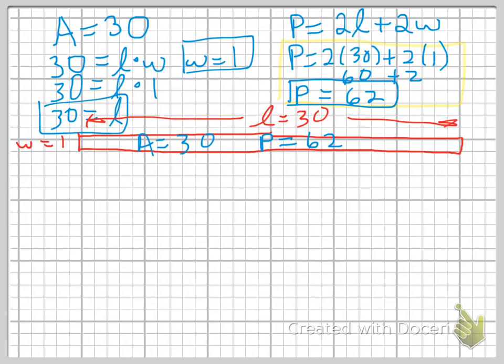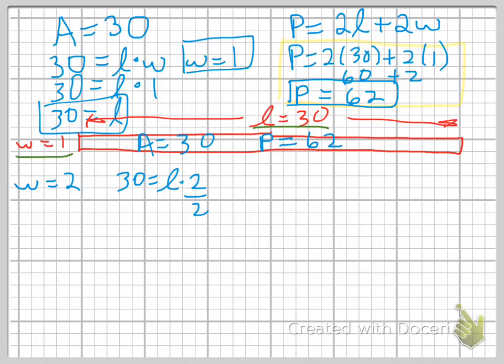Okay, now I've got one pair. When the width over here on the left is 1, the length is 30. That's one pair. I need another pair, so I'm going to choose a different width. What if I choose a width equal to 2? Well, then what's my length? We know the area is 30 still. Length times 2, the width, equals 30.